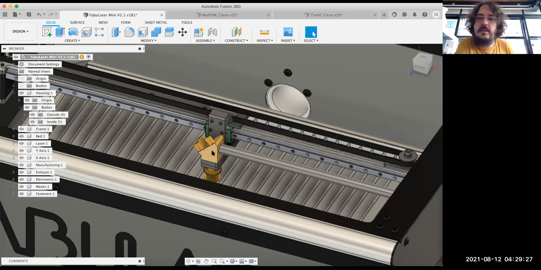But the problem is that although I think that these diodes are the future, and in some time they will become powerful enough to cut as we cut with the CO2, still the CO2 is unbeaten for the performance that it does. So this machine, guys, I will show you in real time, it will cut 10 millimeter acrylic with this CO2 laser. And it's something that you will never now be able to do with the diode laser.